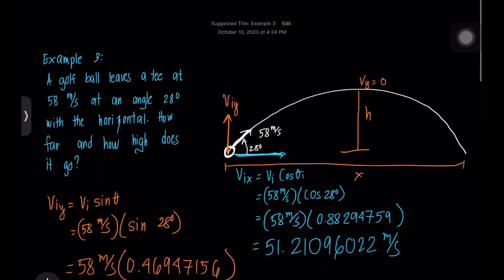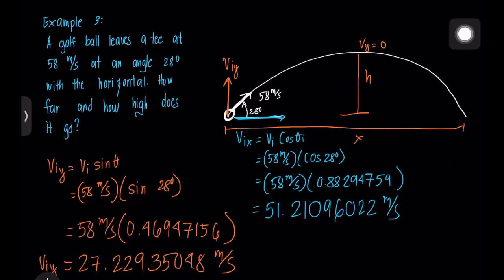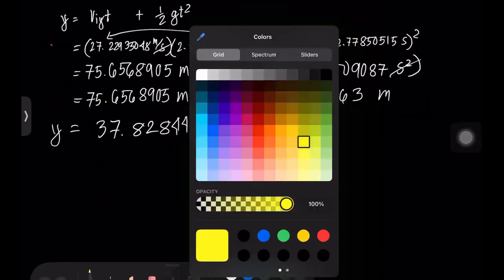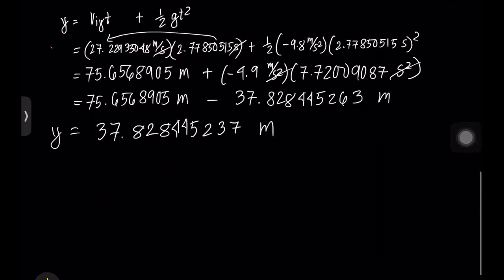Now, for how far, we are solving for the range. For the range, it's very simple, because the range is the x component. So we have x equal to x sub i plus v sub ix t plus 1 half a sub x t squared.